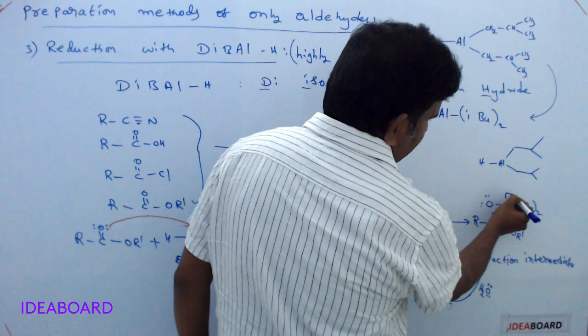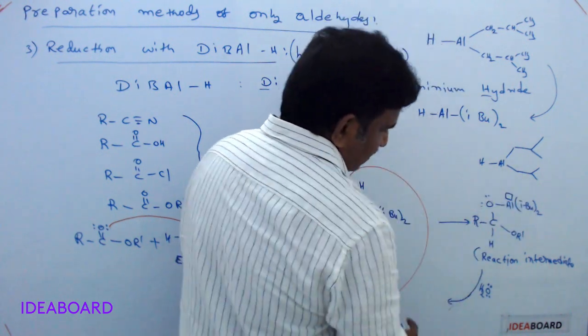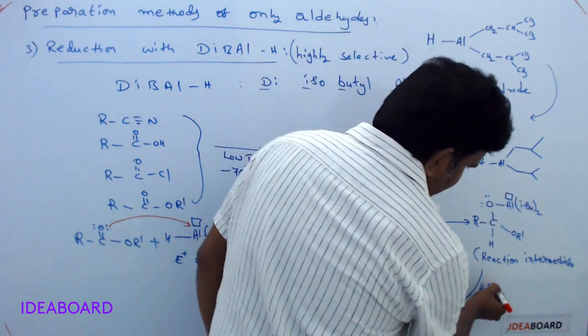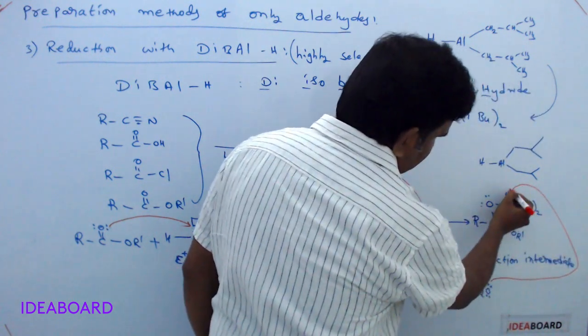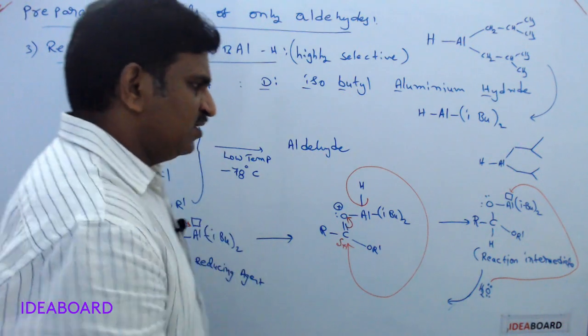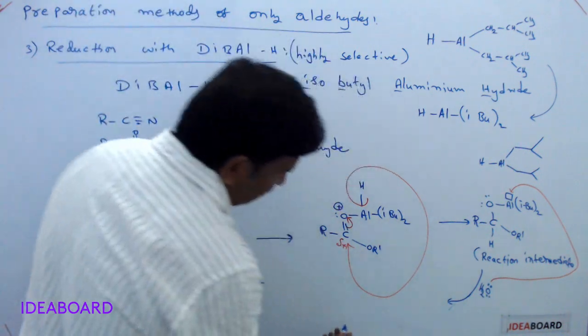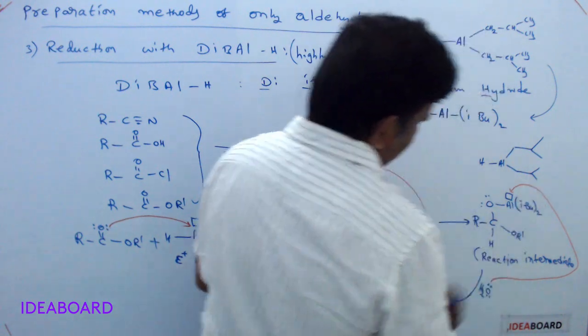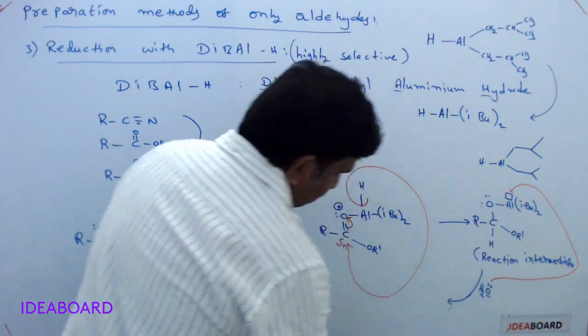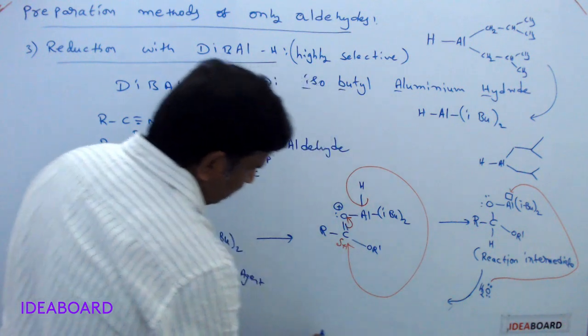Because of the vacant orbital which is formed again, the lone pair of the water molecule attacks this. Now the product, after the water attack, will be removed.